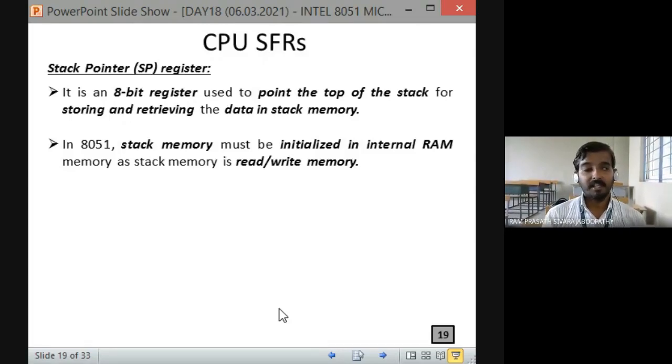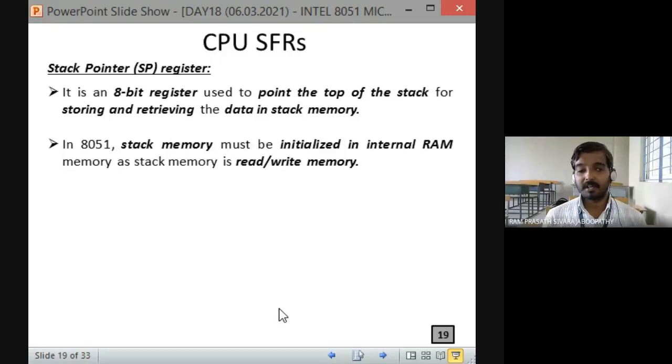But here in the 8051 microcontroller, the size of the stack pointer is 8-bit only. So when we assign stack memory, the top of the stack memory location must be pointed to by the stack pointer, correct? In general, the stack memory in 8051 must be assigned in internal RAM only. It cannot be assigned in the external RAM. Why? What is the reason for that?